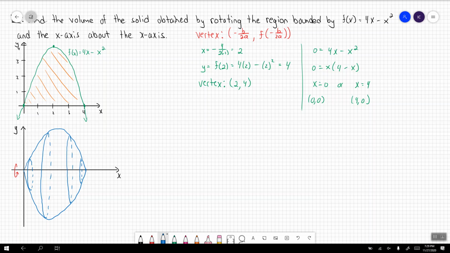So I'm just going to identify a random cross-section in my figure, and coincidentally, I'm going to go after this figure right here. All right, so I need to find the area of this figure.